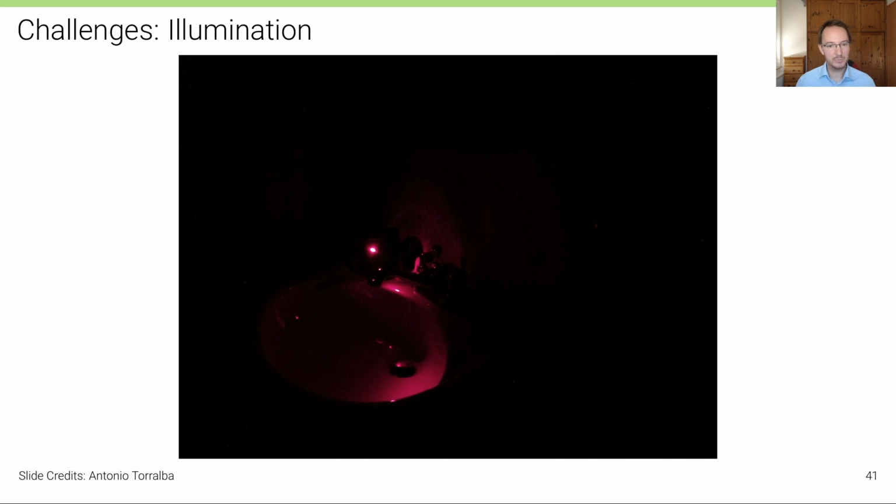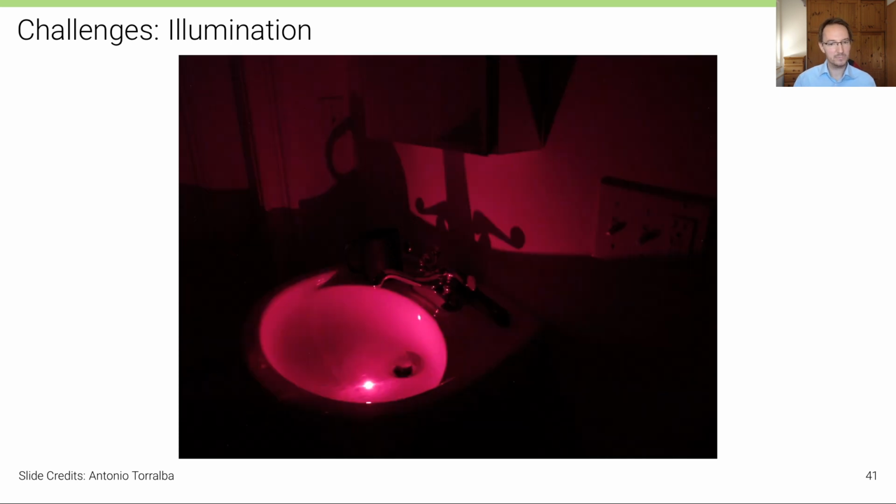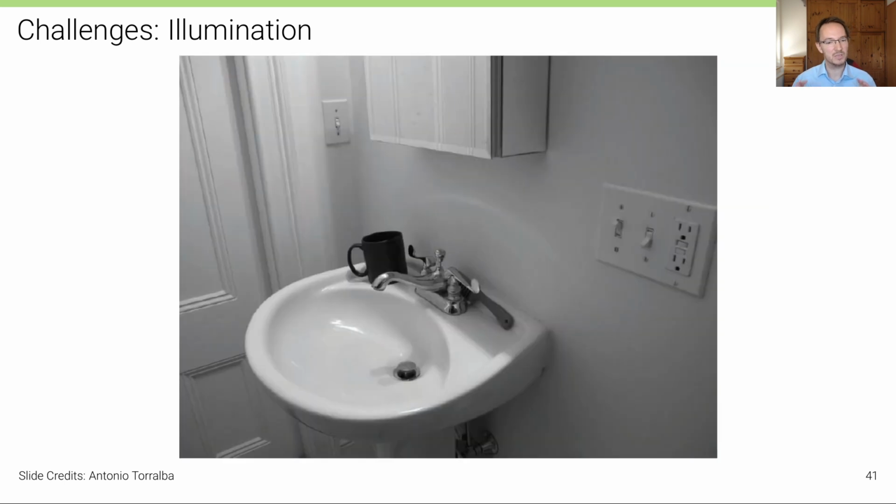Well, this has been illuminated by a laser light. And depending on where we project that laser light, the pixel matrix changes completely. And also our understanding of that scene changes completely, but it's always exactly the same scene, pictured under exactly the same viewpoint.